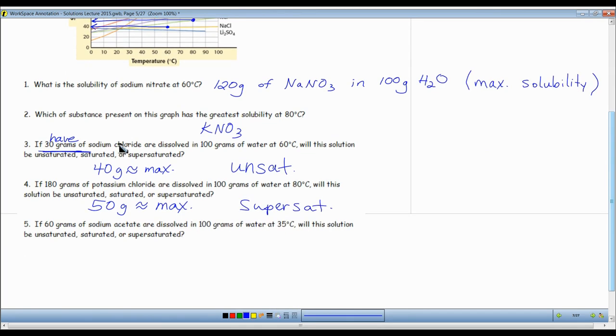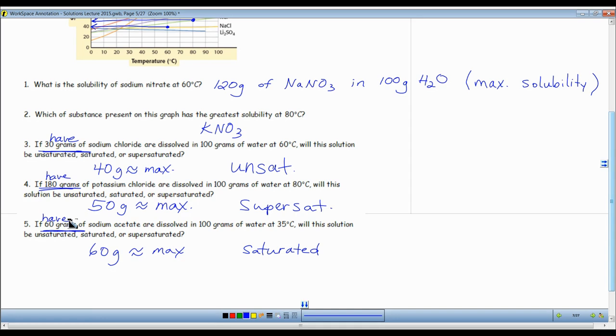So 60 grams is the max, and that is what I have. We are saturated. Find the amount on the graph first. That is the maximum solubility. Then compare that to the amount that you have. I have 60 grams.